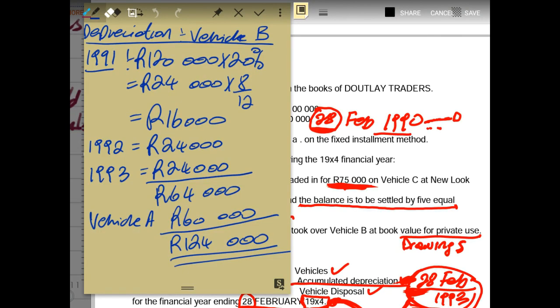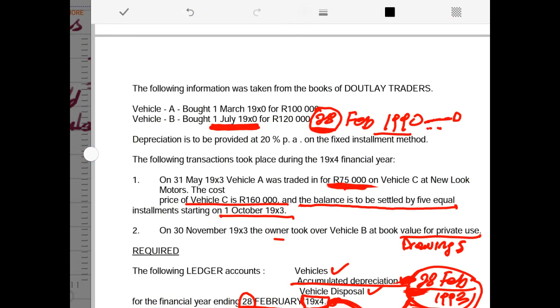Now, please take into account that the depreciation we have calculated does not include 1994. So if 1994 is not yet included, it means we still have to calculate depreciation for the current year for both vehicle A and vehicle B, because we have not yet accounted for that.